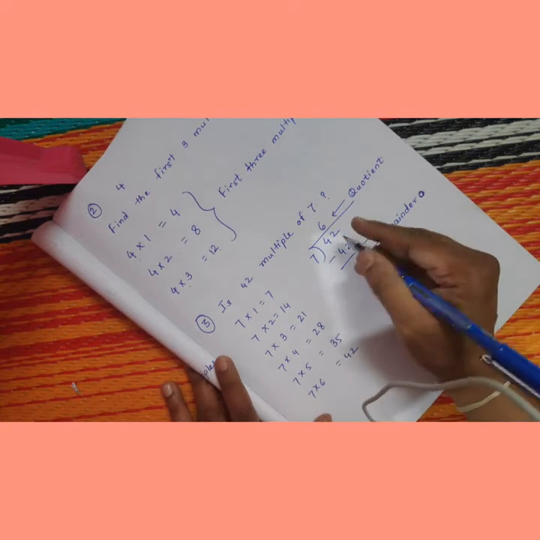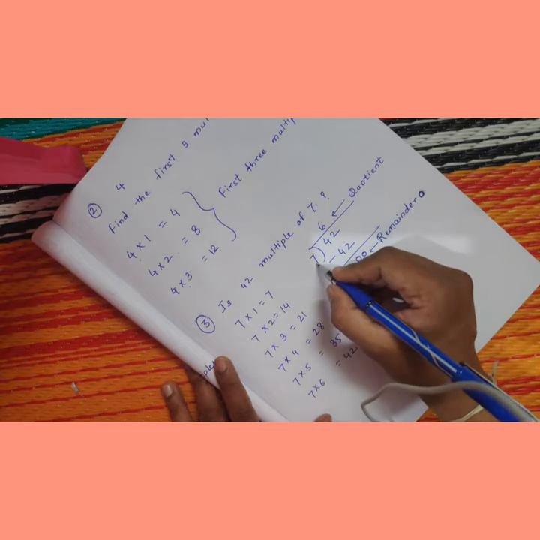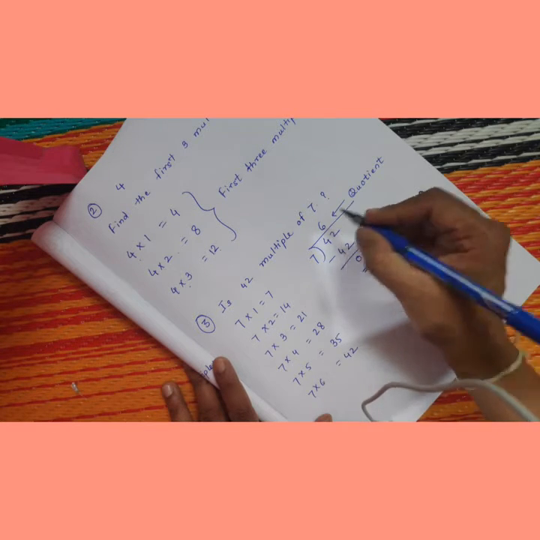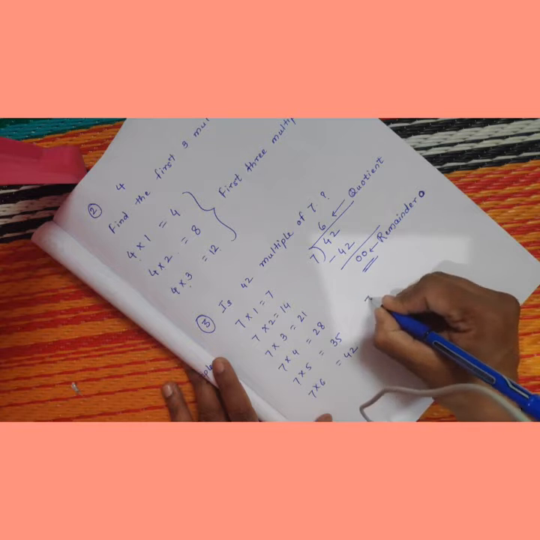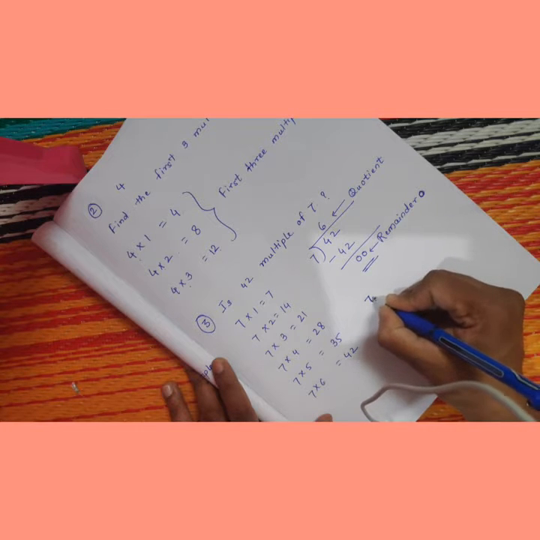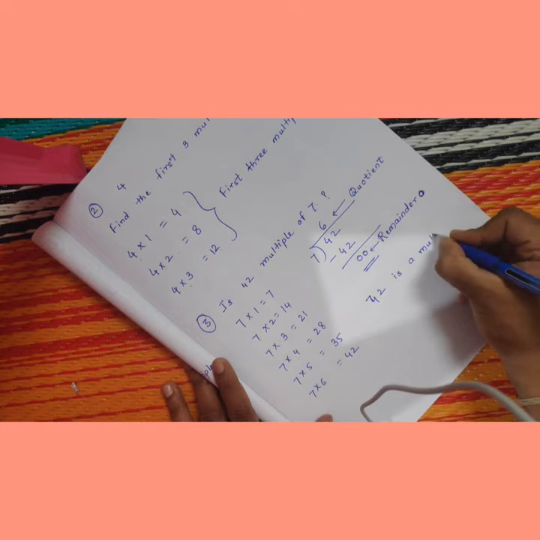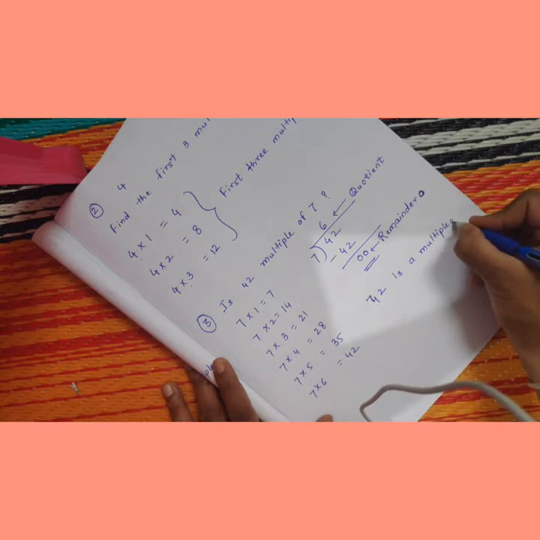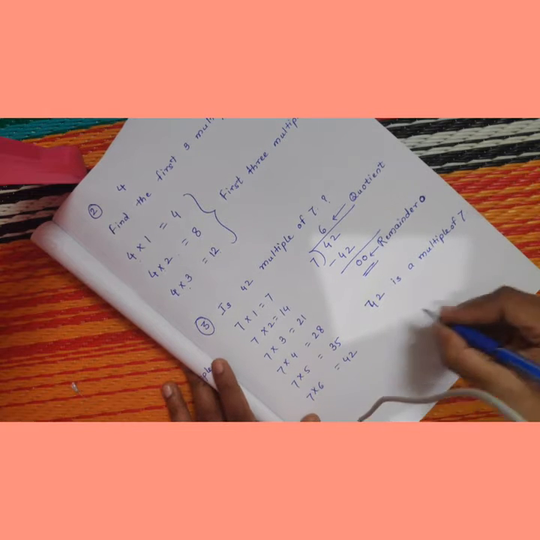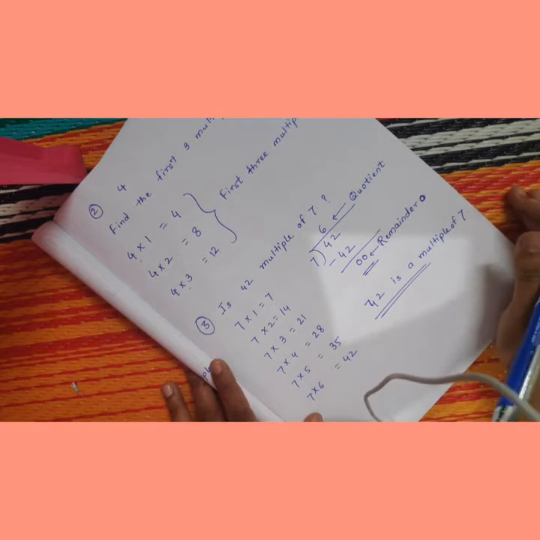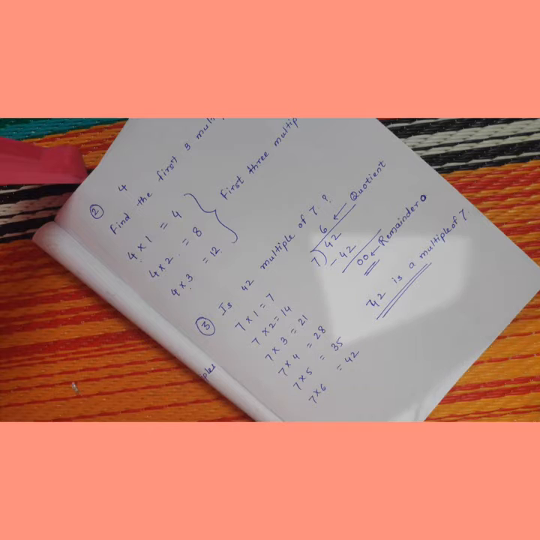Hence 42 is completely divisible by 7 and the quotient is 6. So 42 is a multiple of 7. The answer is 42 is a multiple of 7.